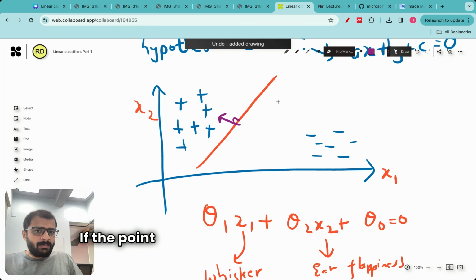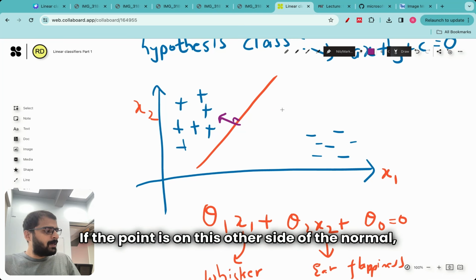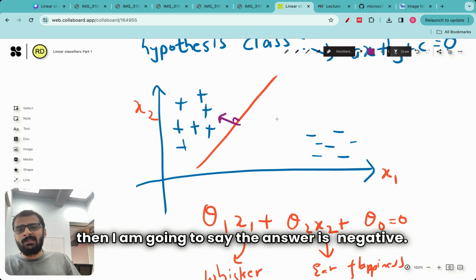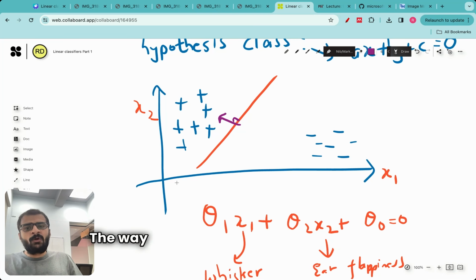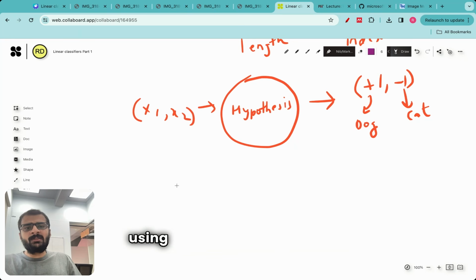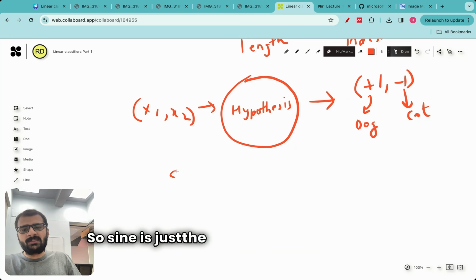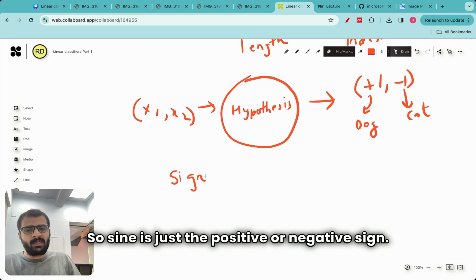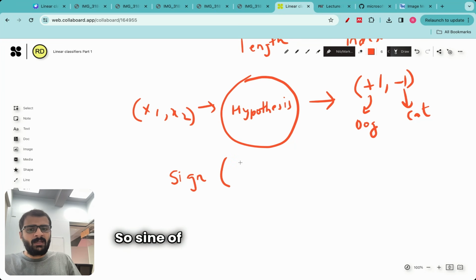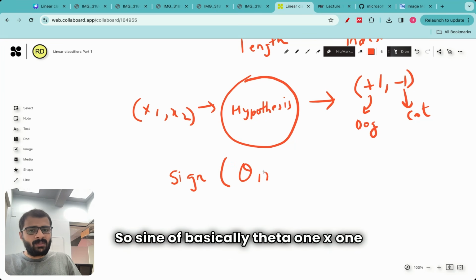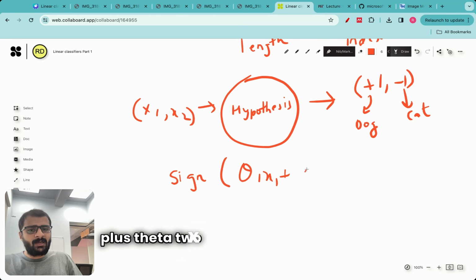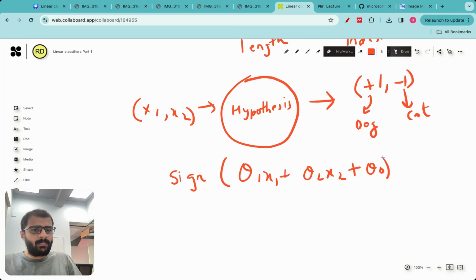If the point is on the other side of the normal, I'm going to say the answer is negative. The way to express this mathematically is using a function called sign. Sign is just the positive or negative sign. So sign of theta 1 x1 plus theta 2 x2 plus theta naught.